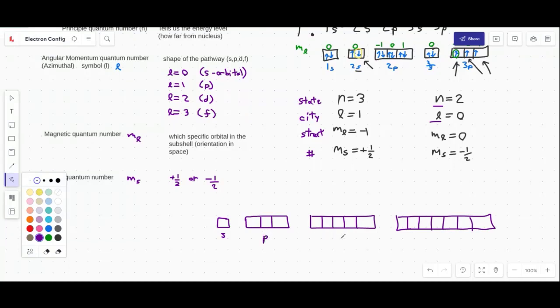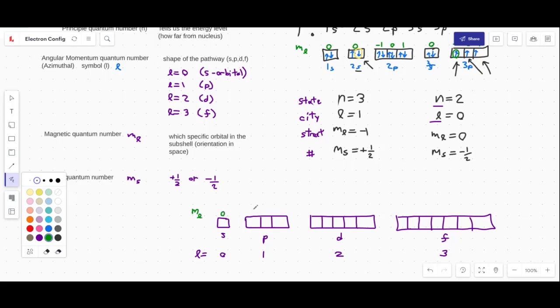So this is an S, this is a P, this is a D, and this is an F. So the L values here are 0, 1, 2, and 3. And the m sub L values refer to the specific orbitals.